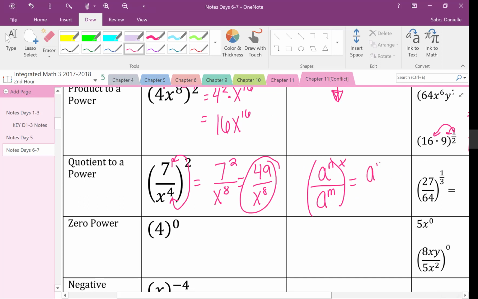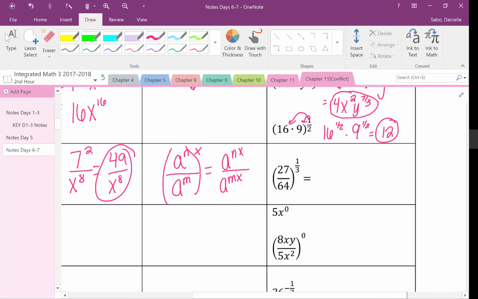So I would have a to the nx over a to the m times x. That's just a basic rule for you to be able to see. They could be different bases. It doesn't necessarily have to have the same base, but at least you understand that that a is representing a base.